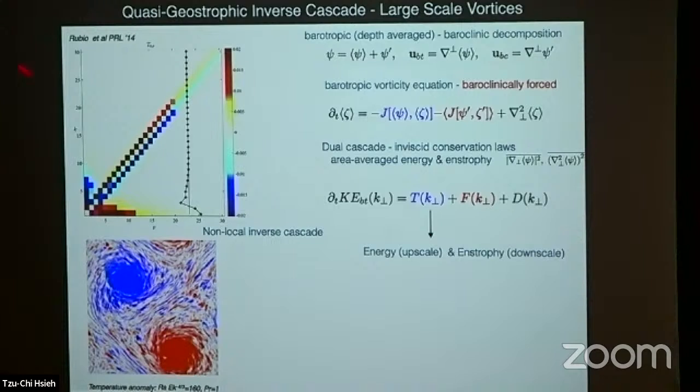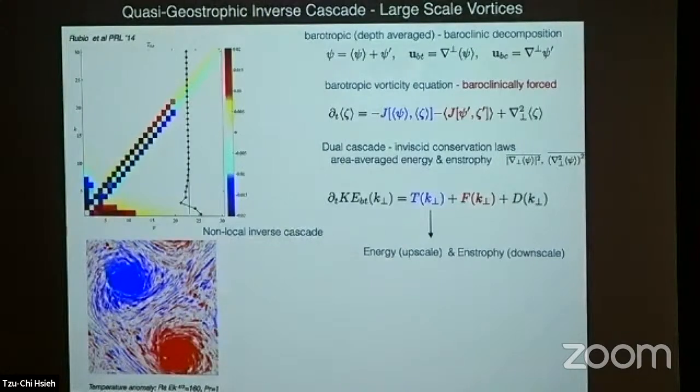What we actually see is energy being extracted at large scales and dumped into the large scales here. So the fluid is organizing itself to extract energy, not from wavenumber to wavenumber, but through strong non-local jumps.